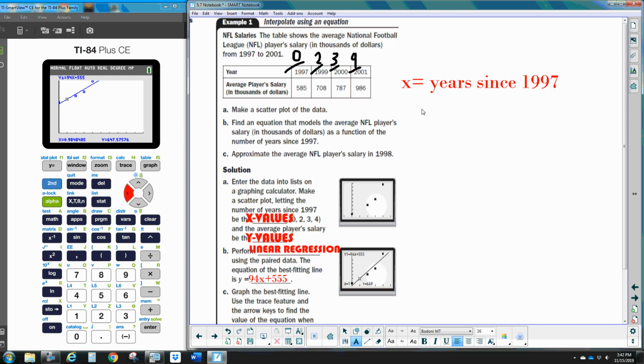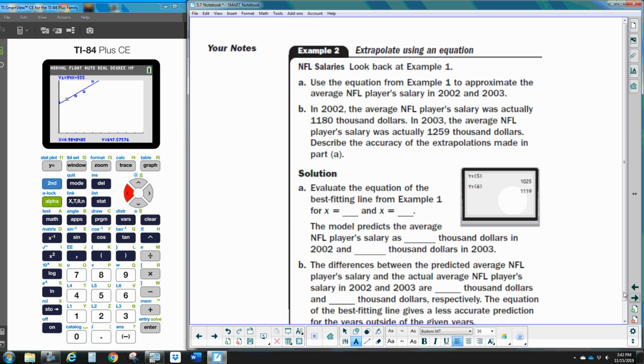So x is equal to years since 1997. In this example, we're looking for the average salary in 2002. Well, the first thing I'm going to do is change that to my actual x value. So in 2002, my x value is 5. In 2003, my x value is 6.